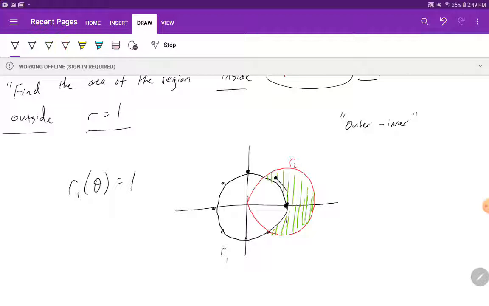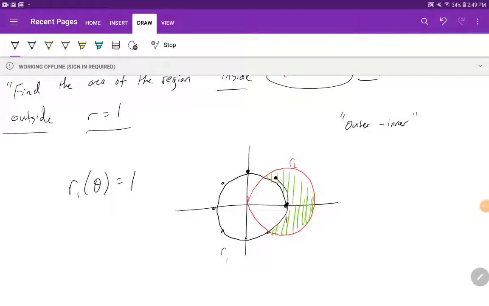And what I'm trying to say is, what we're going to do is find the area of one of the functions and then subtract the inner other function. And in this case, I can find the area of the red, and then subtract away the black. But there's kind of like a hurdle that we have to get through first.